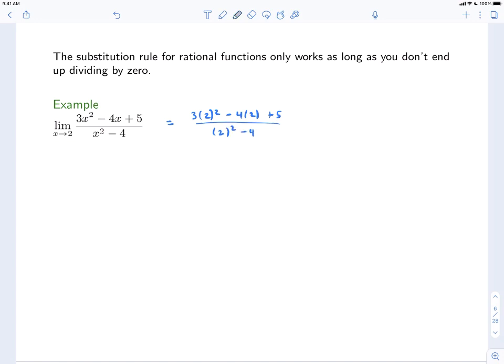However, this denominator is 0. So we're not allowed to use this rule, so we can't do it this way. In other words, we can't use the substitution rule.